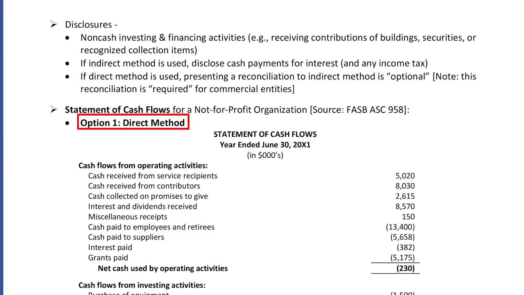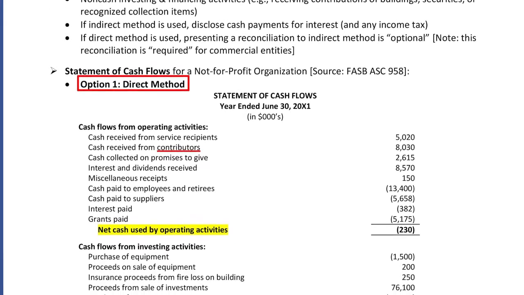So direct method is used for the cash flows from operating activities, where we have cash received from service recipients, cash received from underlying contributors, cash collected on promise to give, interest and dividends received, miscellaneous receipts, and then we've got cash paid to employees and retirees, cash paid to suppliers, interest paid, and grants paid. Gets us to highlight the net cash used by operating activities.